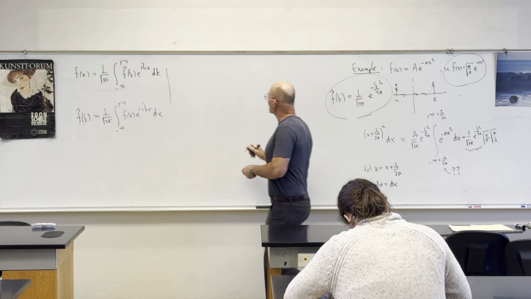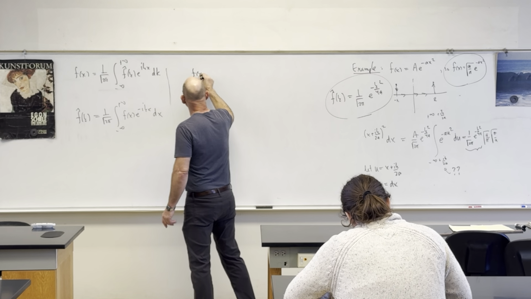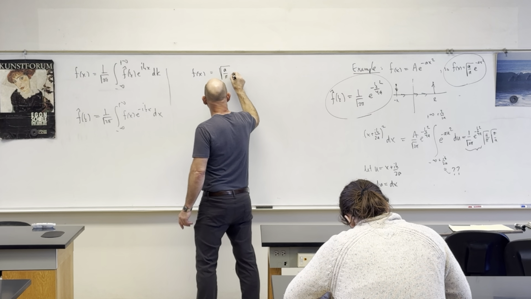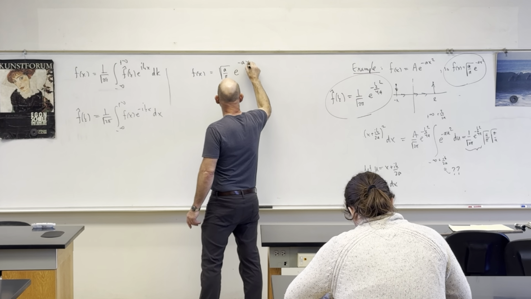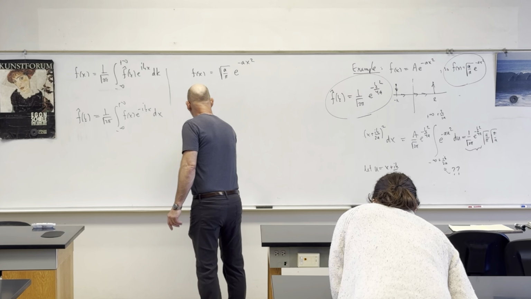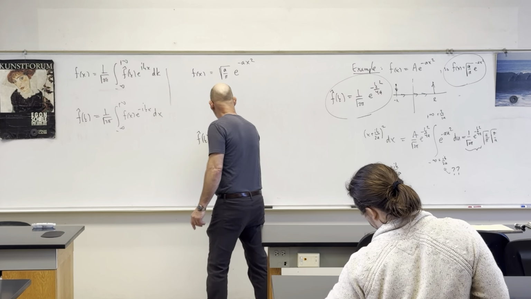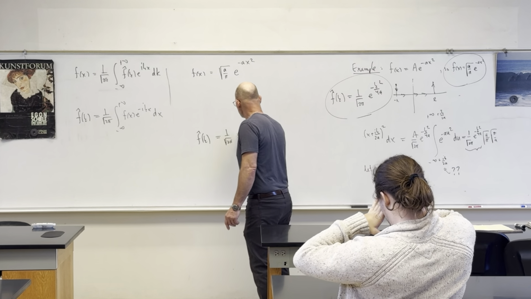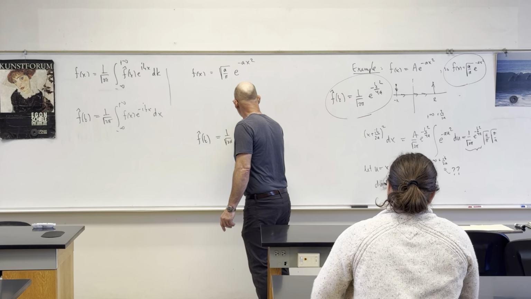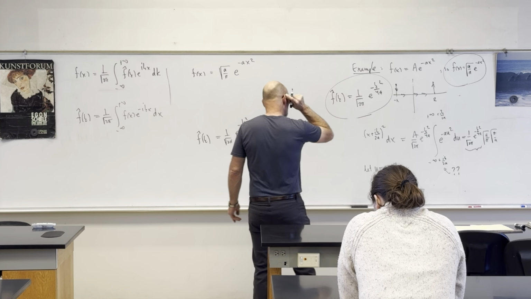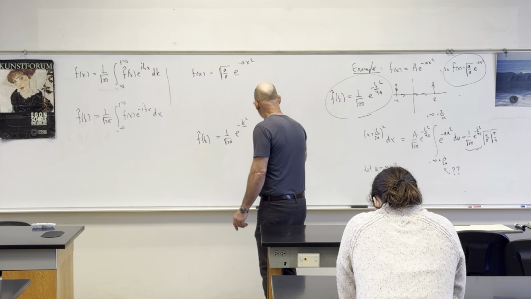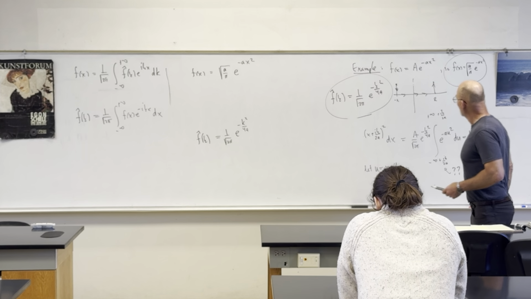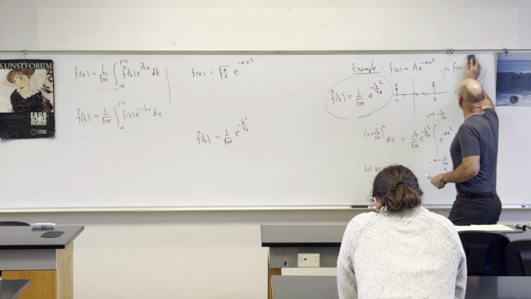So this first one here, we had f of x was root a over pi e to the minus a x squared, and then its Fourier transform, 1 over root 2 pi e to the minus k squared over 4a. So let's graph both of these together now. Good.